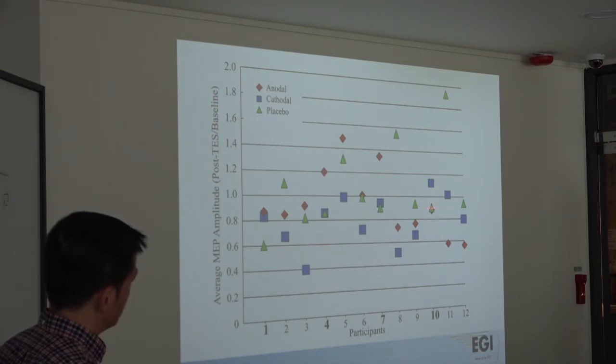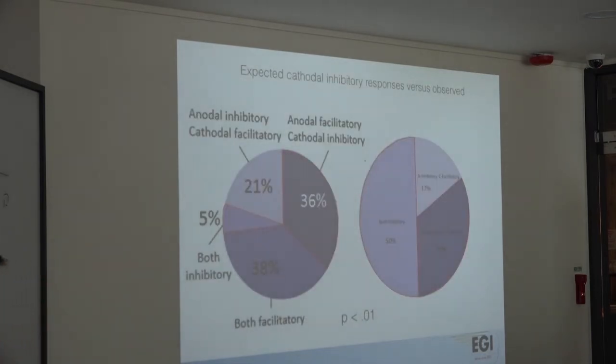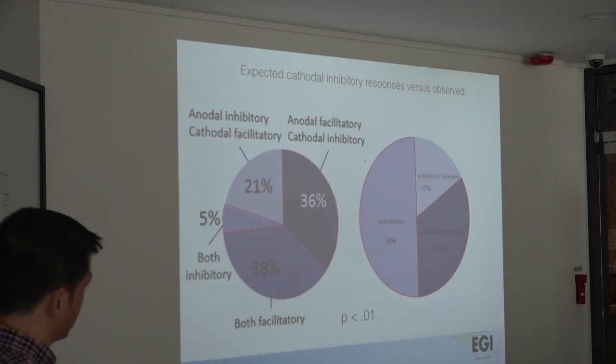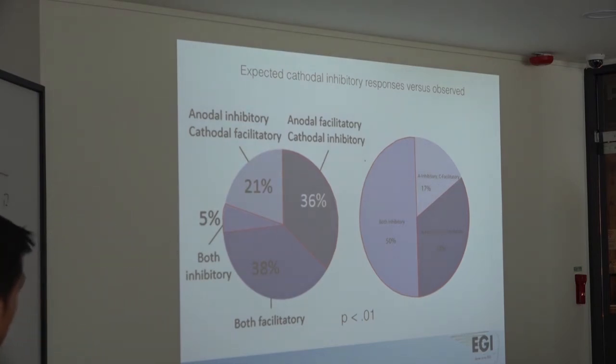So this is the distribution. For the most part, it's very consistent with our proposal. Of course, you have these three. But let's compare statistically with the expected. What we want to know is when both are cathodal inhibitory.